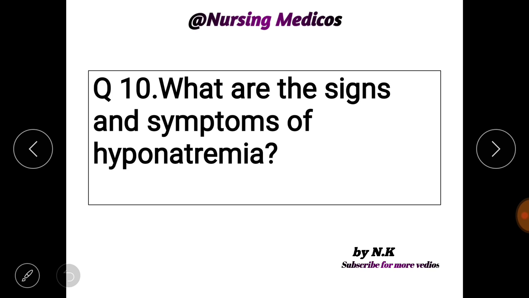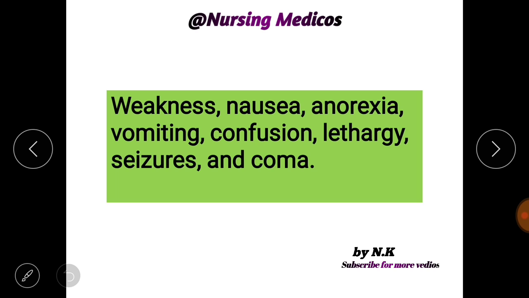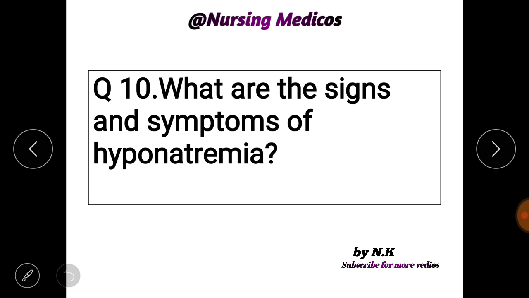Next one, what are the signs and symptoms of hyponatremia? We'll see. There is weakness, nausea, anorexia, vomiting, then confusion, lethargy, and there may be seizures and coma. That is the main symptoms of hyponatremia.